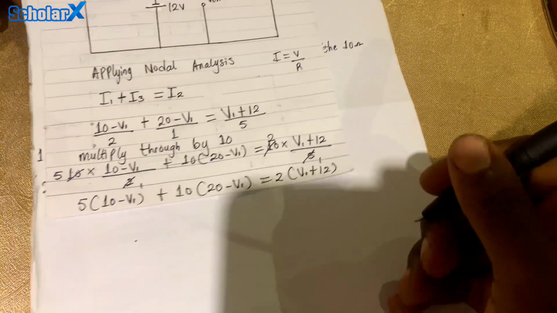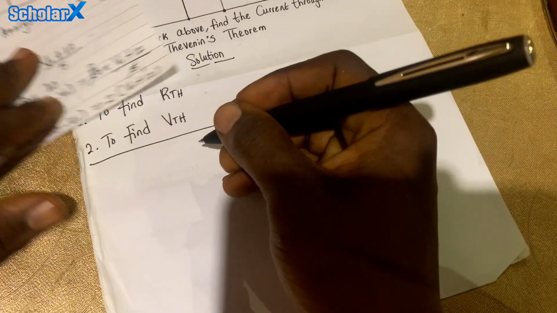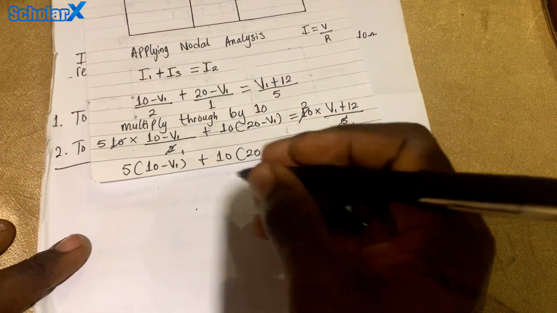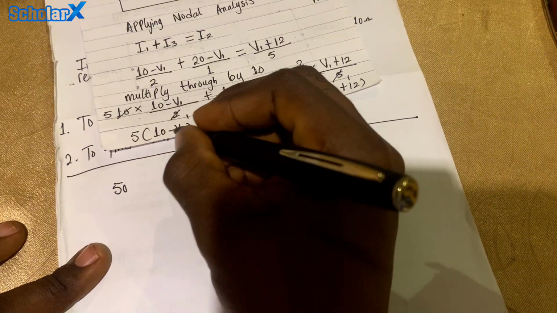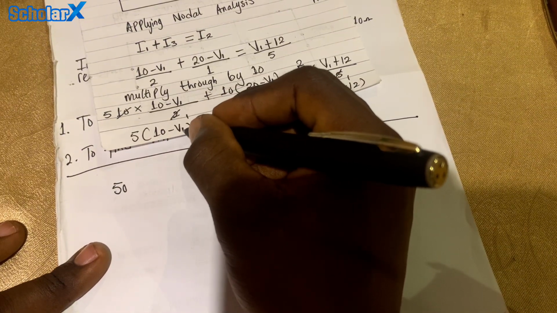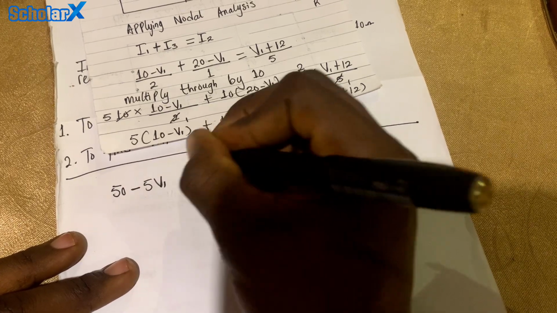So let's continue from here. Now we're going to have 5 times 10, that's 50. 5 times V1 gives minus 5V1.